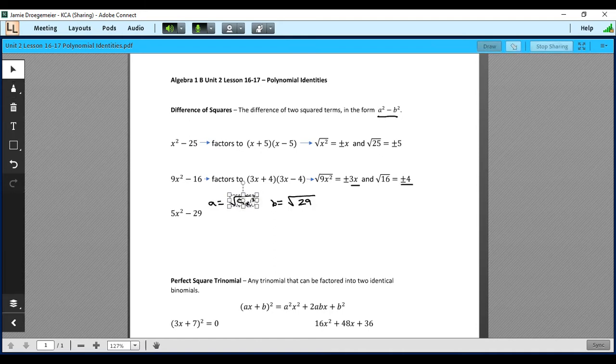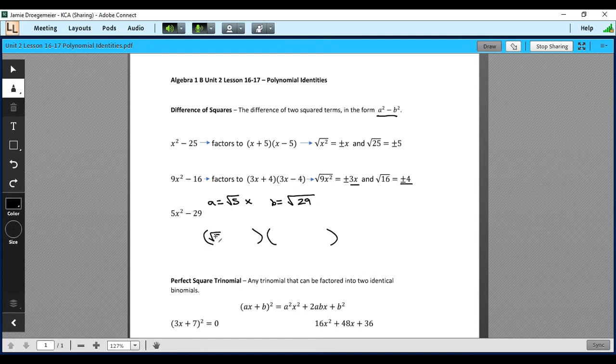So let me fix that here real quick. When I take the square root of 5x squared, I get the square root of 5 times x. And so doing this allows me then to write my factored form.